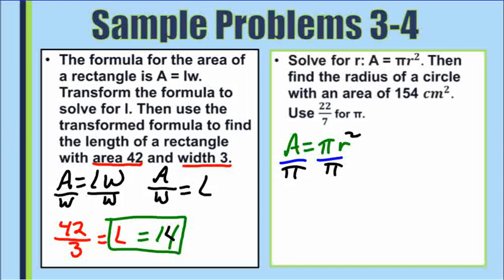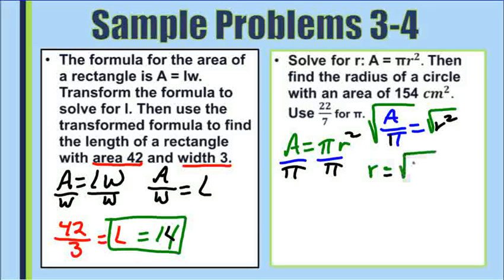And now I have area over pi equals r squared. Since we're trying to find r, I need to undo the square, so I find the square roots of both sides. So now I have radius equals the square root of the area divided by pi.